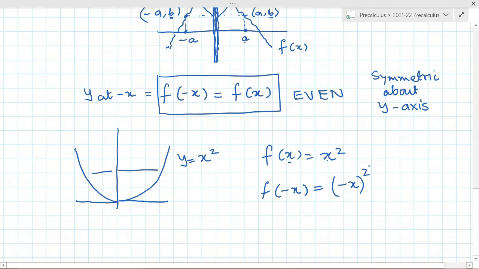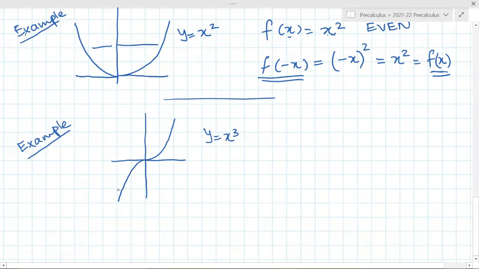When you plug in something for x, use parentheses, particularly if there's a negative or a fraction in there. What is this equal to? This is x squared because negative times negative is positive. And then x squared is equal to f of x, right? So f of negative x is always equal to f of x for this example, right? That means this is even.